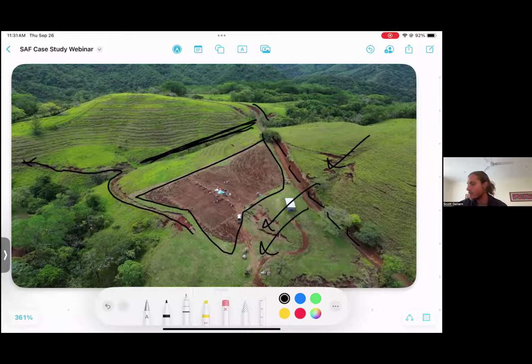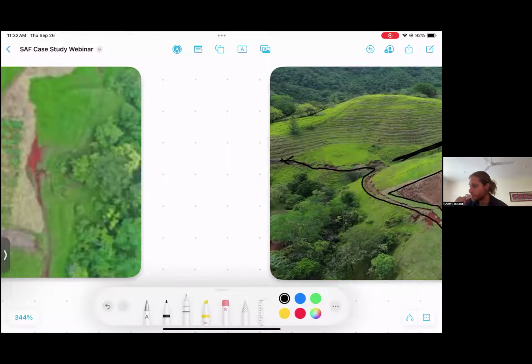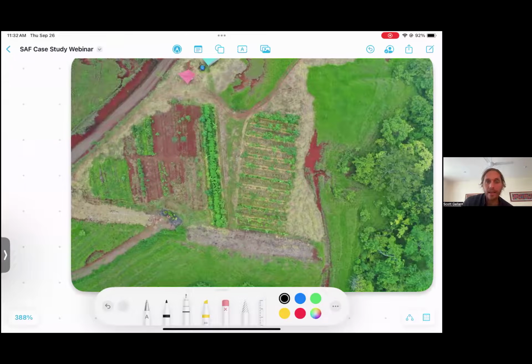And so I'm going to slide over to this image. To get to this site, it's actually pretty close to the farm headquarters. But because of erosion, the nature of the roads, it's kind of hard to get to with a vehicle. And so there's this big road here, but that's about a 5-meter deep gully.